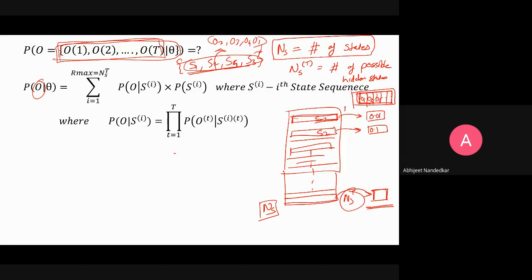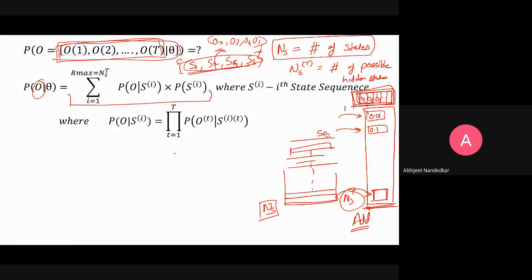Now the final probability that this model will produce this set of observations is just the sum of all these. Adding all this is nothing but this equation. I hope you have understood this.